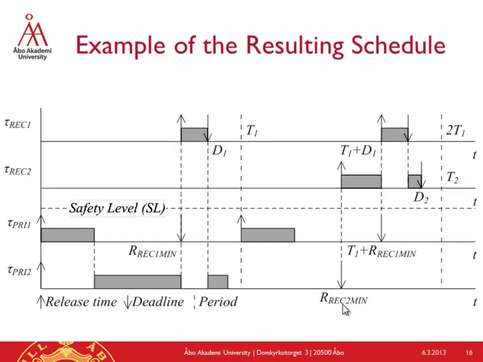And here is an example of the resulting schedule for a particular task set. Well, we have a primary version, and here is a recovery task for this primary, and this is the second period for the same primary and recovery, and another task where we even have preemption by a high priority task, and the corresponding primary version of the same task.